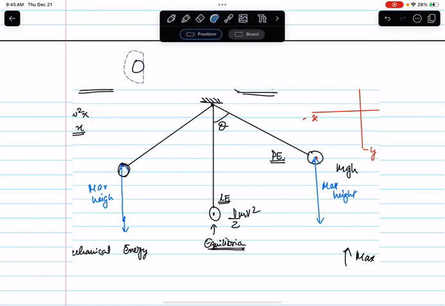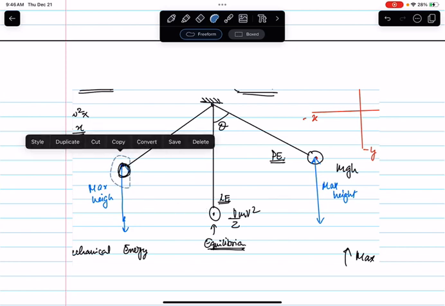What you can see is that the gravitational potential energy depends on the height, right? So as the height increases, the gravitational potential energy mgh should rise, because mass is a constant, gravity is a constant, and so the gravitational potential energy depends on this variable h, which ends up varying. So as h rises, gravitational potential energy rises. As it falls, gravitational potential energy falls. As it rises, gravitational potential energy rises.